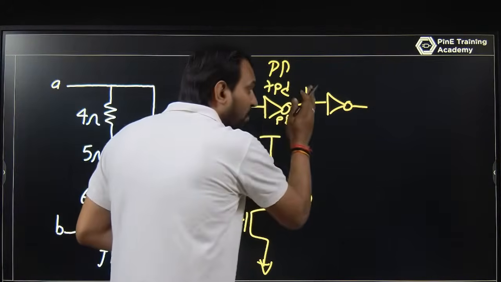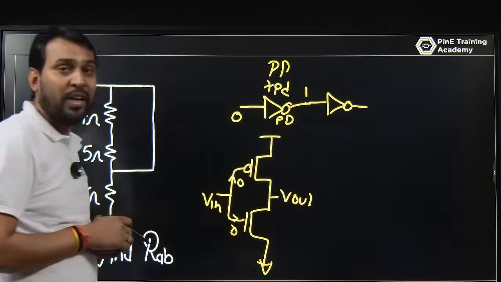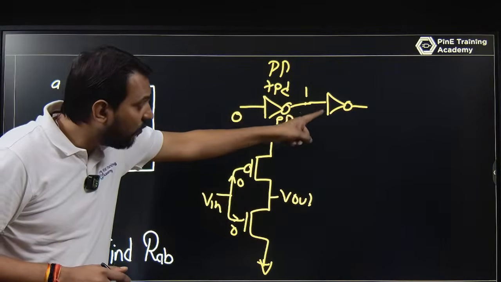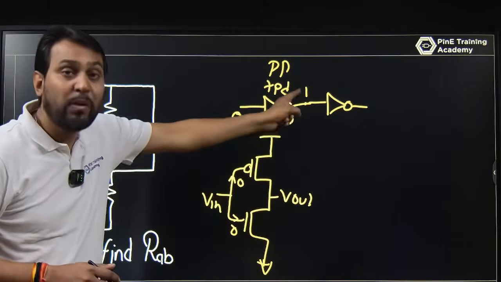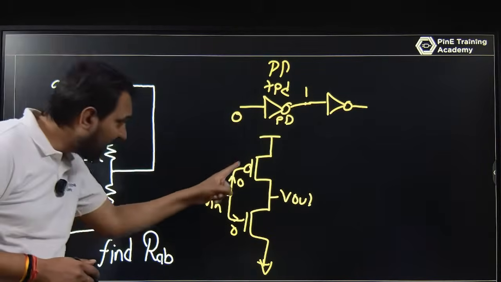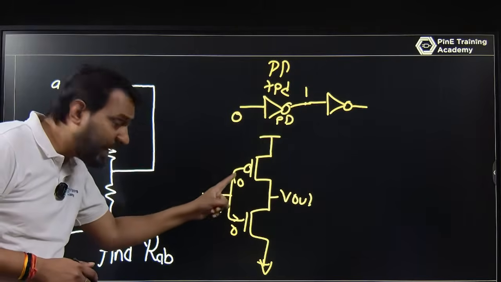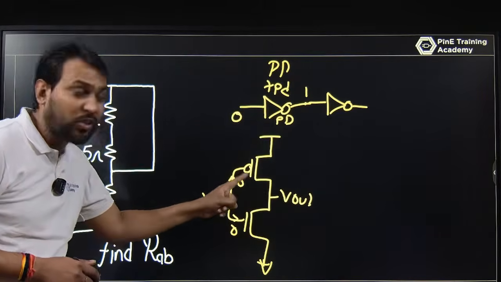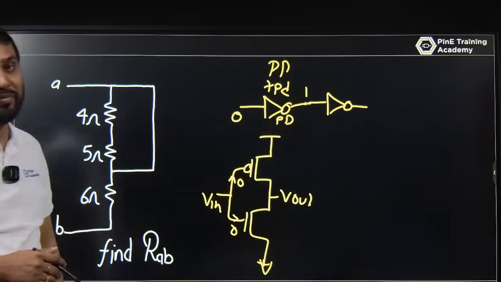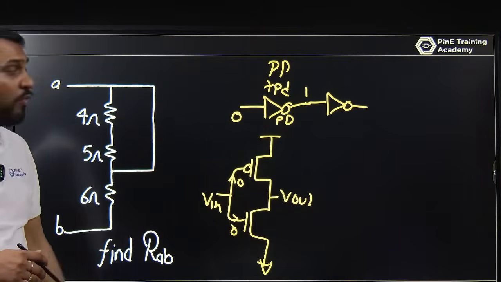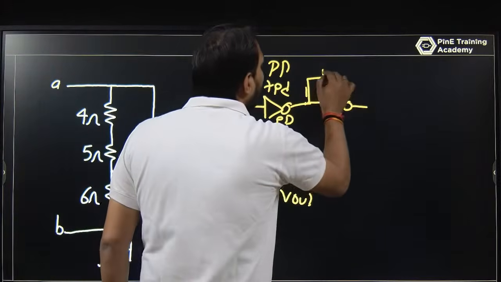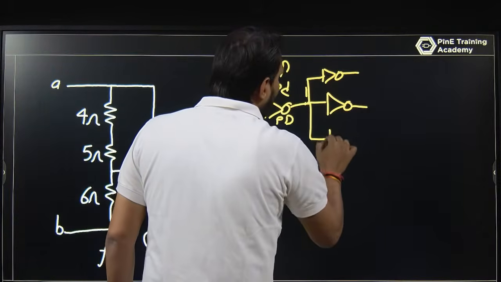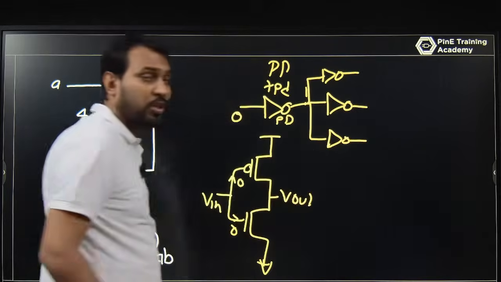if there is some drop on the input side, of course it will have a value less than that. It will not be 1, it will be less than that. If there is any current, of course there is a voltage drop, and there is a loading effect. So when you talk about the CMOS inverter, that's why we say the fan out is very good in a CMOS inverter.